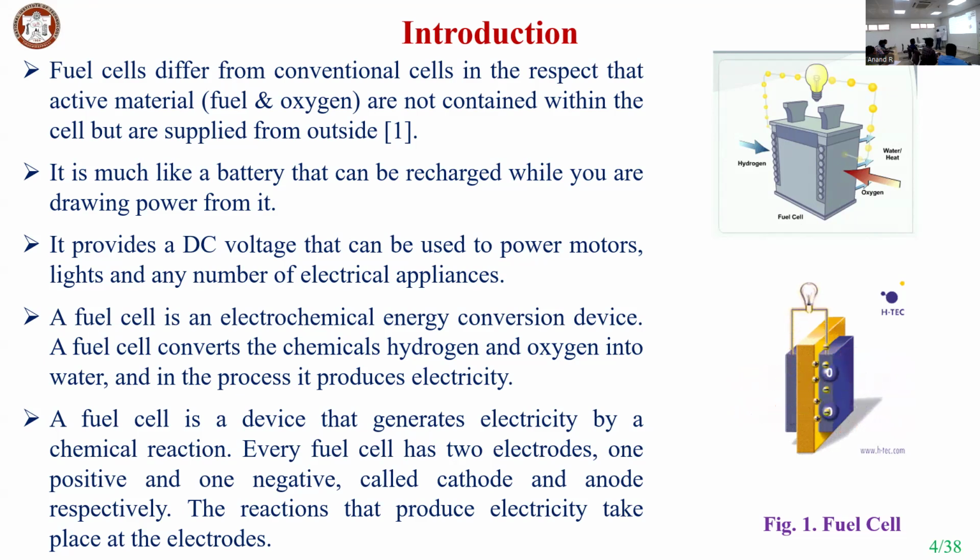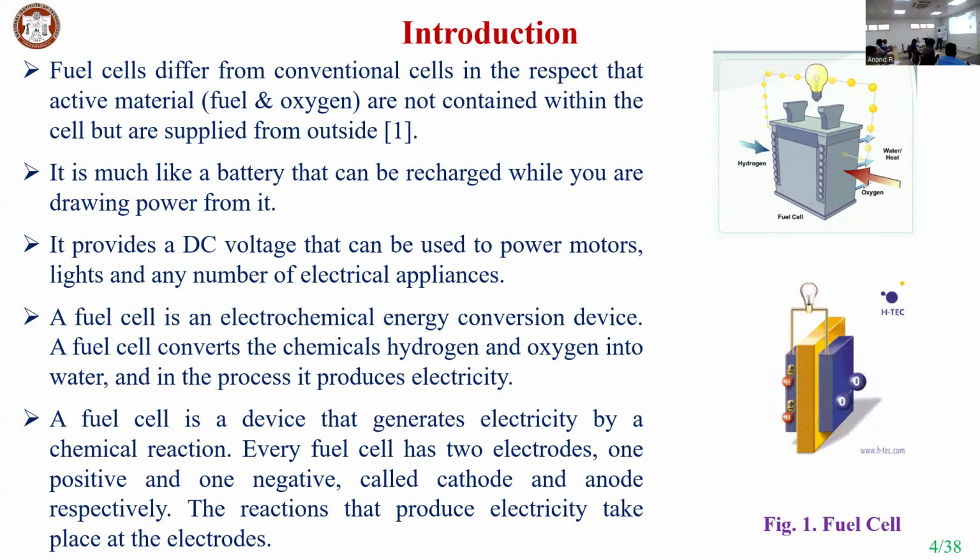So only H plus transfers to the cathode side. During the oxidation process, some amount of heat will be generated. A fuel cell is an electrochemical process in general. Along with oxidation you are producing H plus and electron, and the heat also comes out. The electron will be taken into the external circuit, producing the electricity.